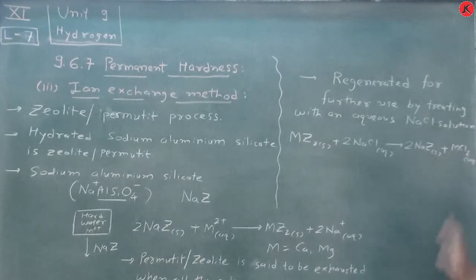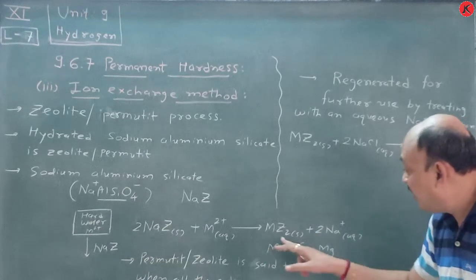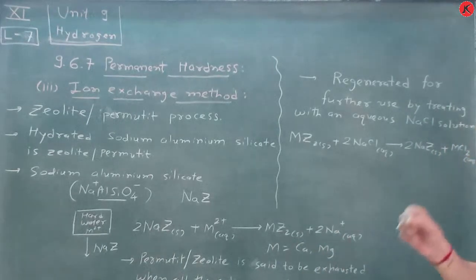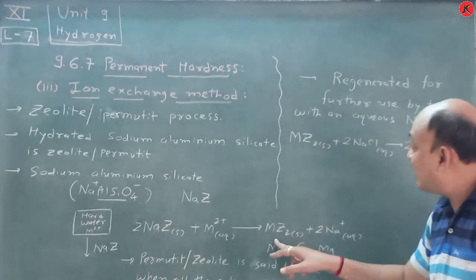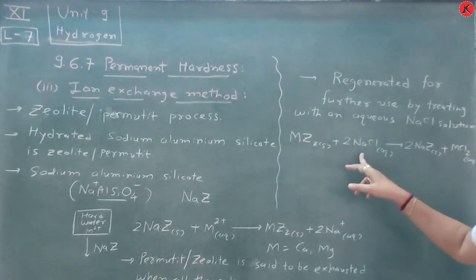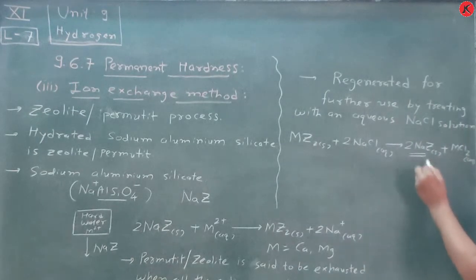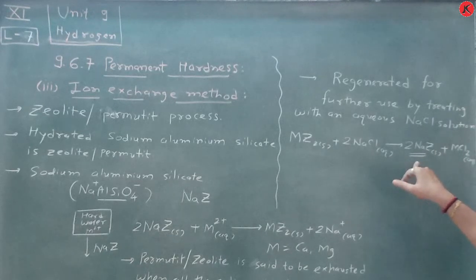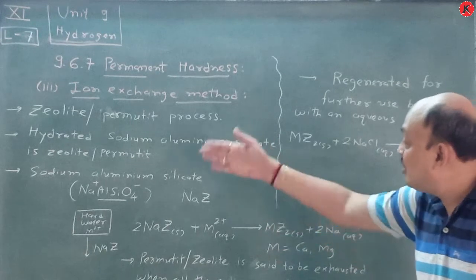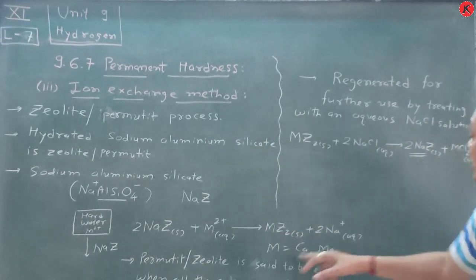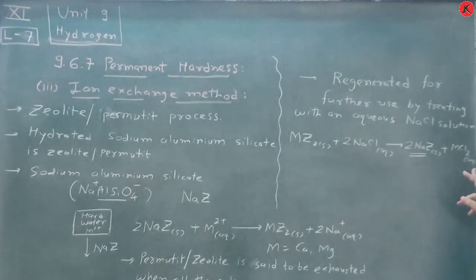Remember it this way. This insoluble MZ2 is treated with sodium chloride once again, and we get twice NaZ. That means we regenerate NaZ, the zeolite in its sodium form, and MCl2 is removed.